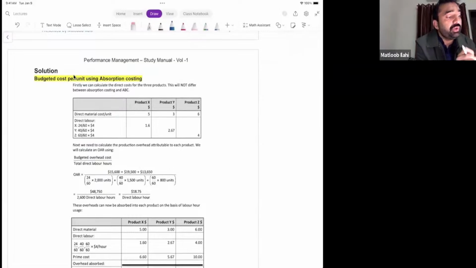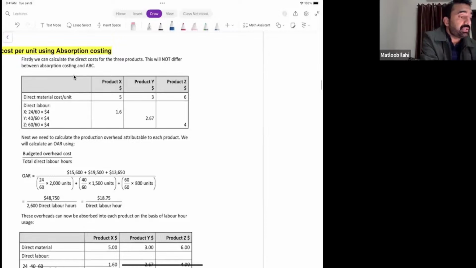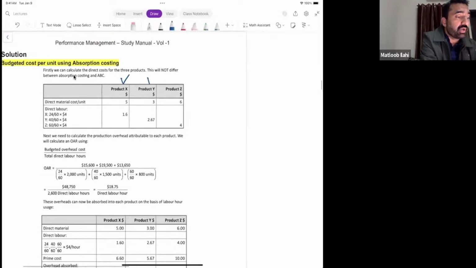All right, first of all, we need to calculate the direct cost. Okay, so how to calculate direct cost of each? This table can help you. This is the product X, product Y, product Z. Direct material cost is given here.